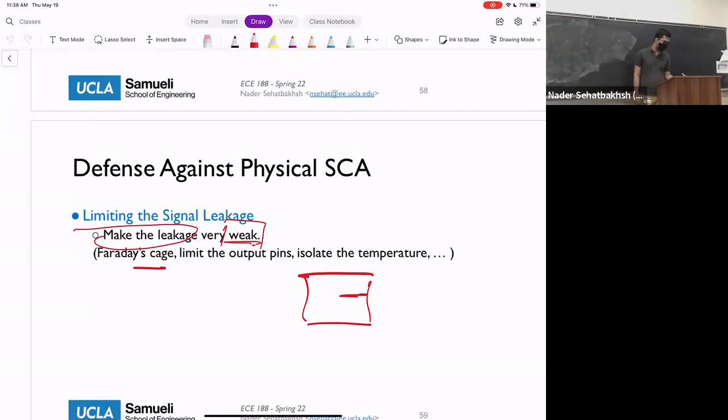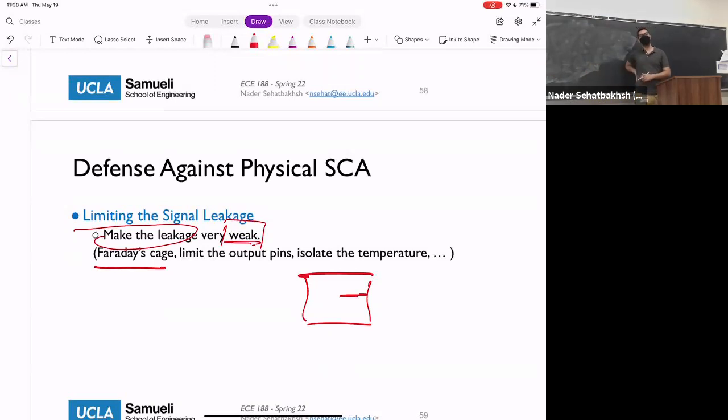This is usually called a Faraday cage, and many military systems, many sensitive systems, are actually using some sort of a Faraday cage in order to significantly reduce the amount of emanations. You can do the same thing, for example, for your power.